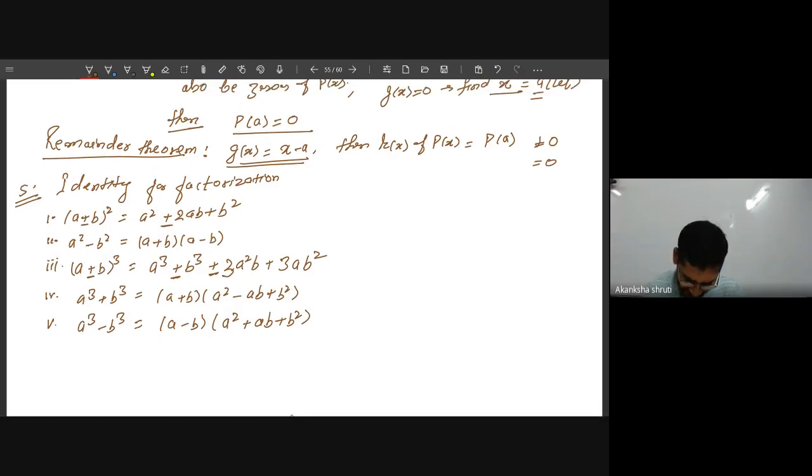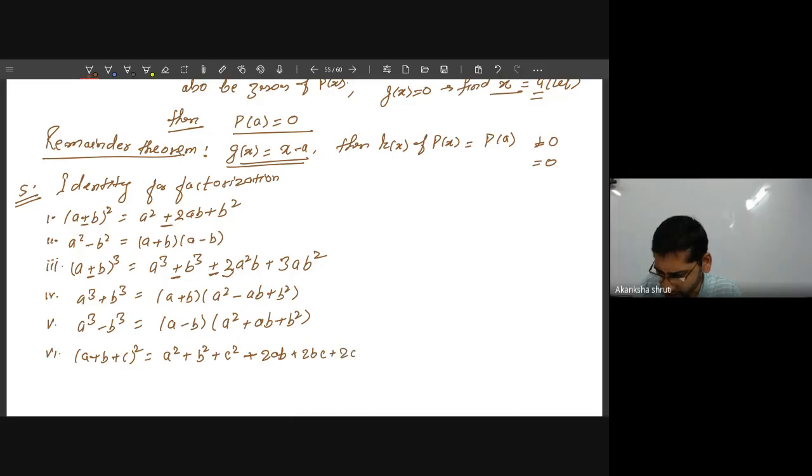The other thing that we have learned was (a plus b plus c) whole square, which is a square plus b square plus c square plus twice ab plus twice bc plus twice ca, all these are plus.